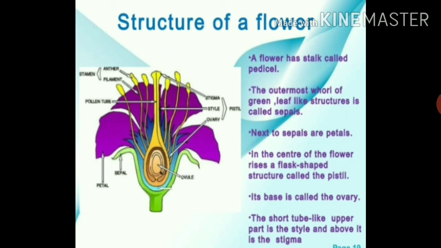The main parts are pedicel and thalamus, sepals, also known as calyx, then petals, known as corolla, stamens, known as androecium, and then pistil or carpel, which is known as gynoecium.